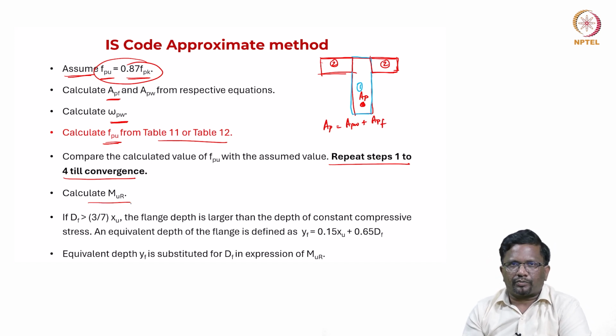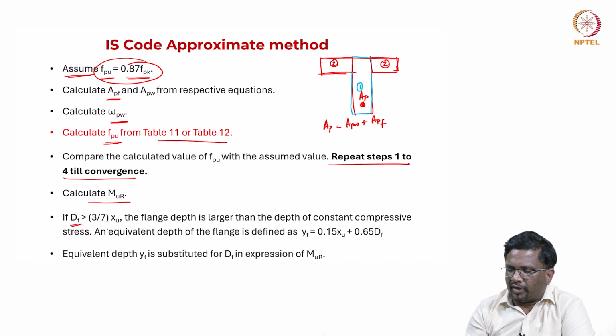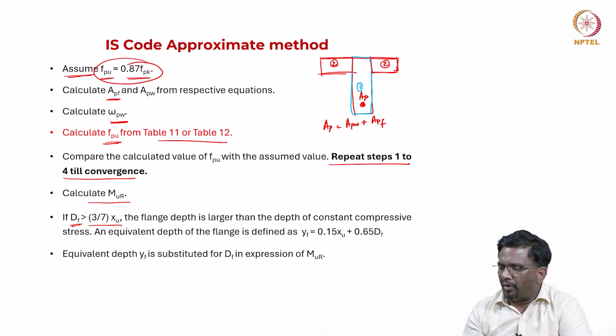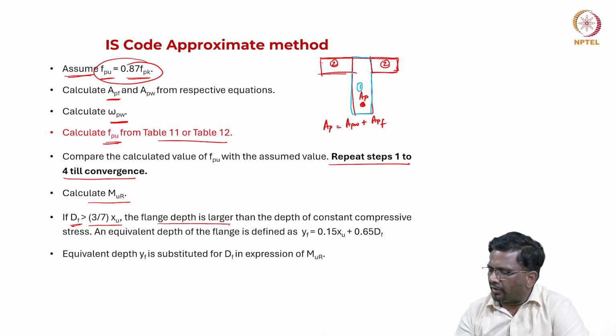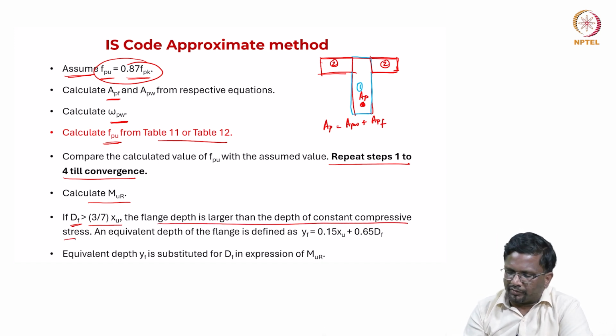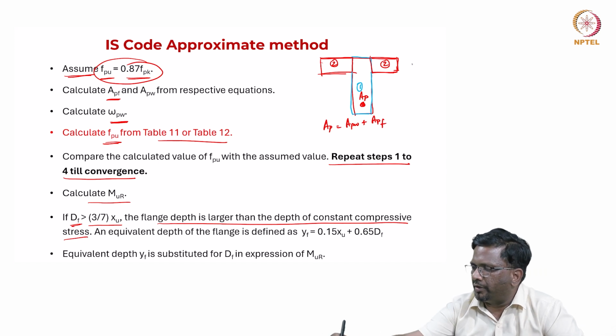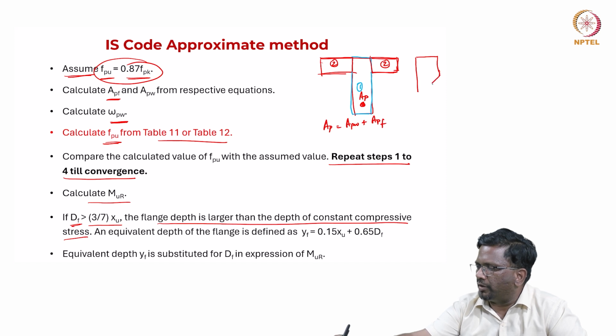Now, again one more condition can happen. Now, when the depth of the flange becomes more than 3/7 of your neutral axis depth, now the flange depth is larger than the depth of the constant compressive stress. That means, here when I put the stress block, let us say this goes like this and then comes back like this.